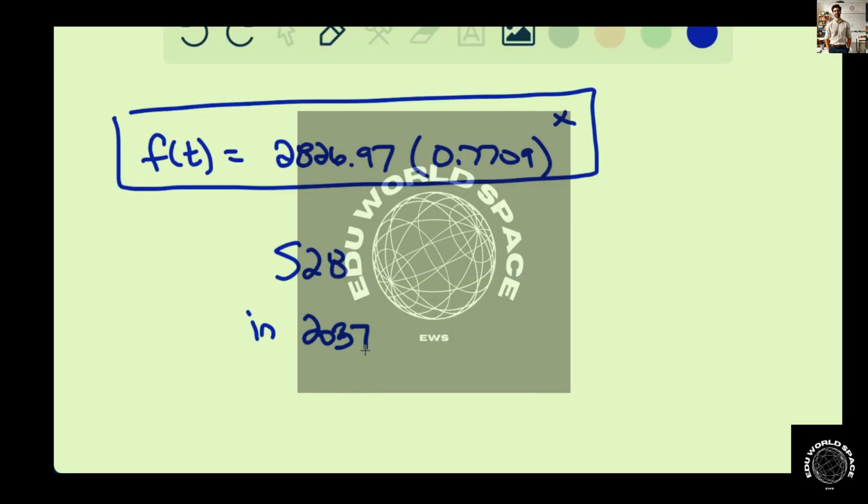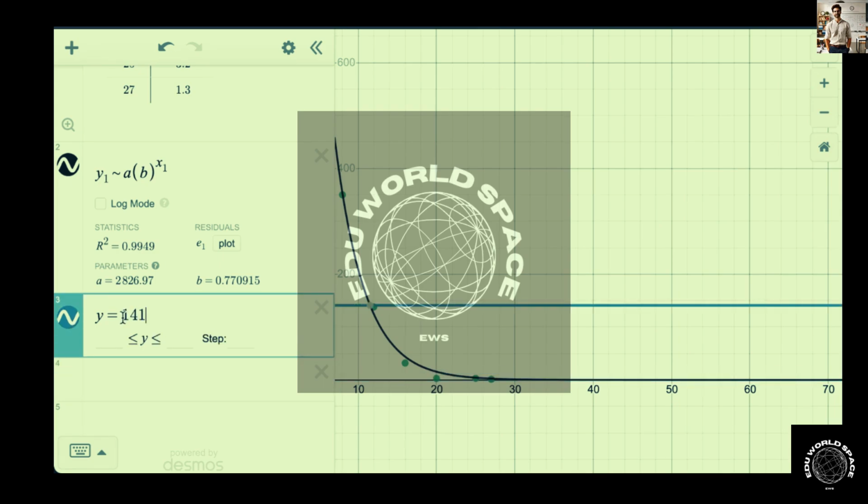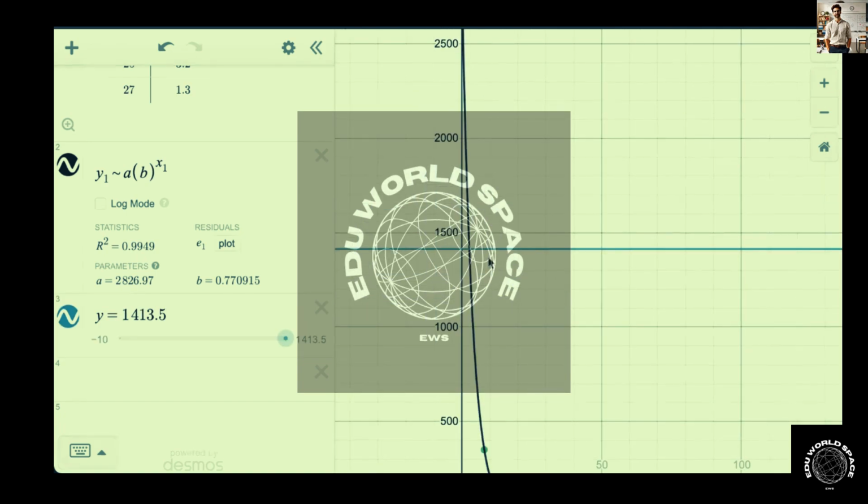And the approximate half-life: if we started with 2,826.97, half of that is about 1413.5. And that would be 2.664, which is how long it took to lose half of its value.